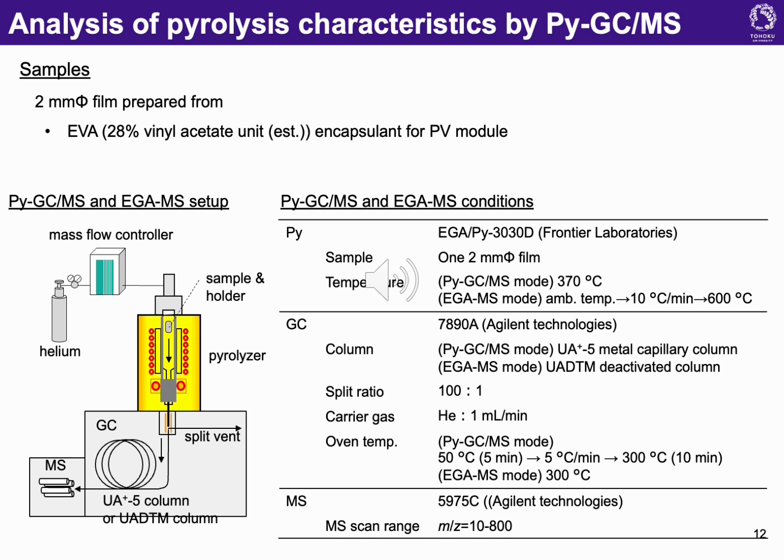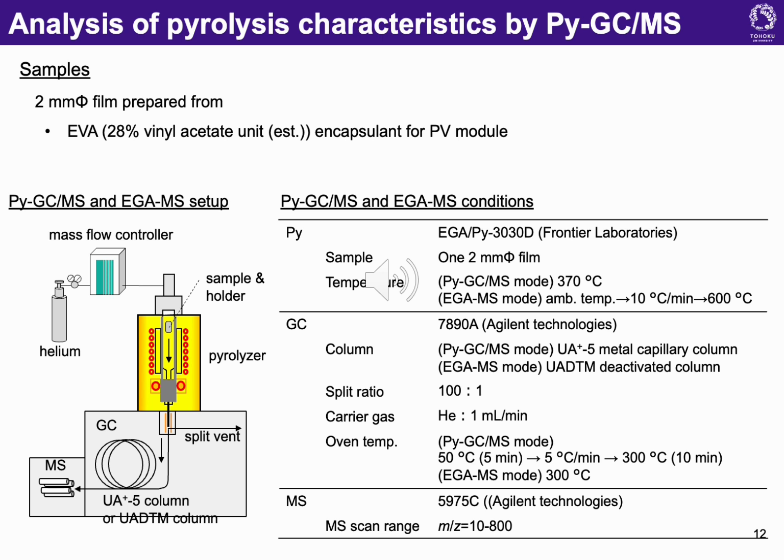An Ultra ALLOY deactivated metal capillary tube (UADTM) column was employed and helium was used as the carrier gas. The pyrolysates were introduced directly into the MS. The GC oven temperature was set at 300 degrees Celsius.